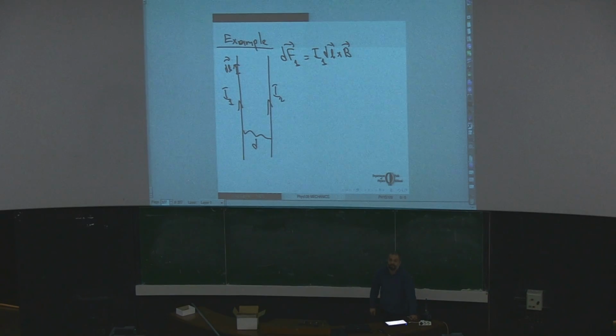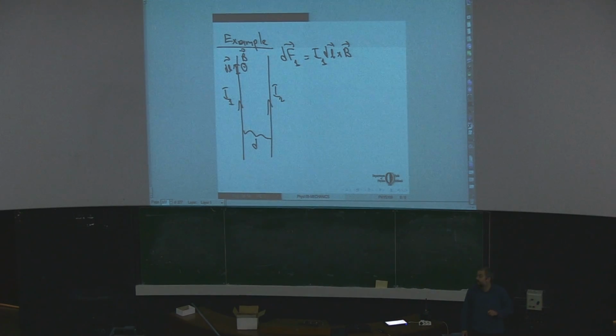So along this wire, if this is our dl, what will be the direction of this force? First of all, what is the direction of the magnetic field along this wire due to the other one? Wrap your fingers, the magnetic field is pointing towards you. This is the B over there.